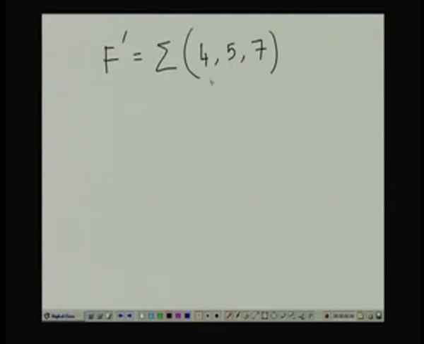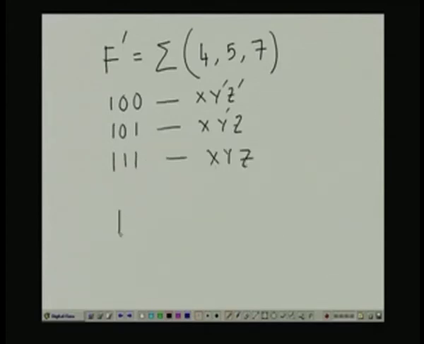So, what will be the terms? 4 means 1 0 0, so this becomes x y' z'. 5 means 1 0 1, this becomes x y' z, and 1 1 1 means x y z. So, my f' becomes x y' z' plus x y' z plus x y z.